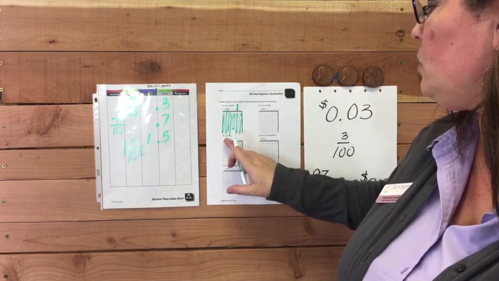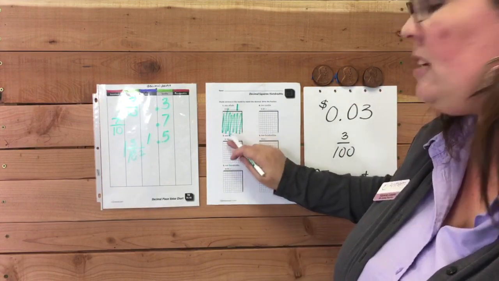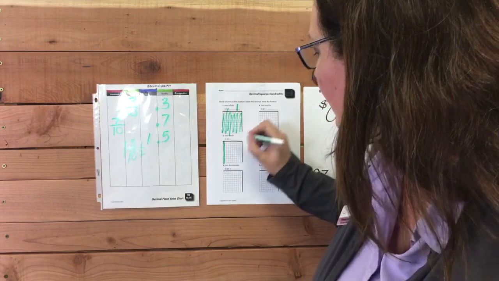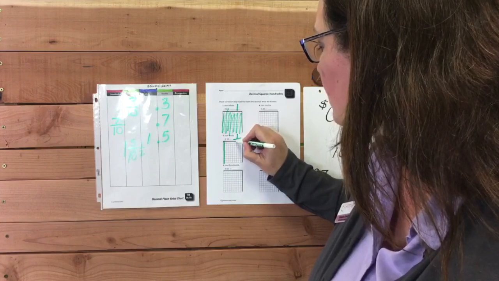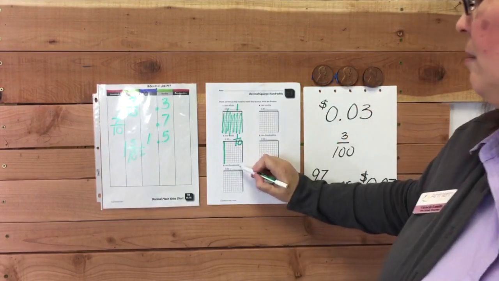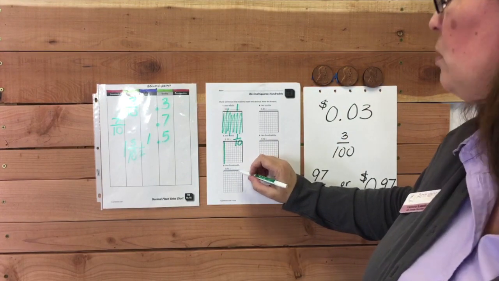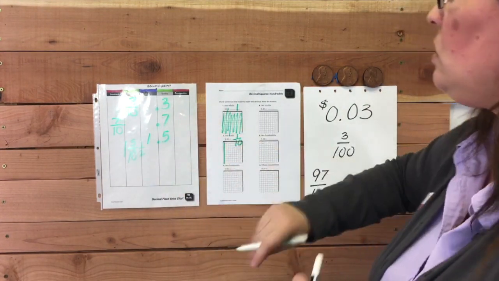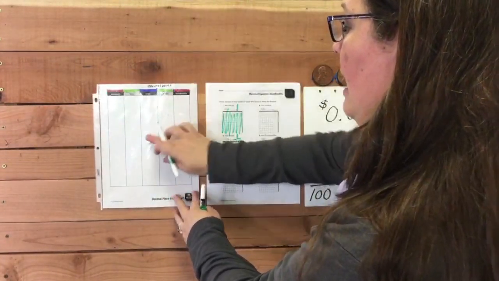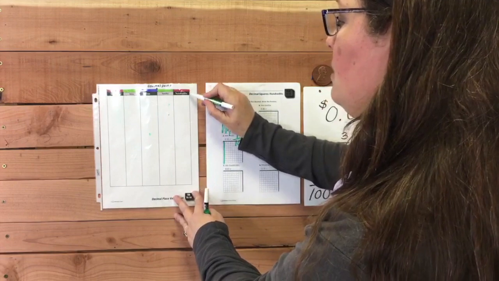Then we look at number 2, 1/10. Just like we did yesterday, it's going to be a whole stick, and 1/10 is going to look like that. And we look at number 3, 100ths. When you look at your chart, you'll see hundredth is over here.